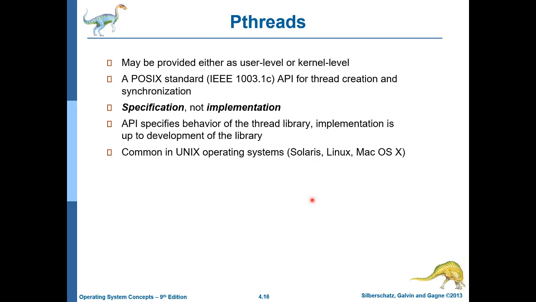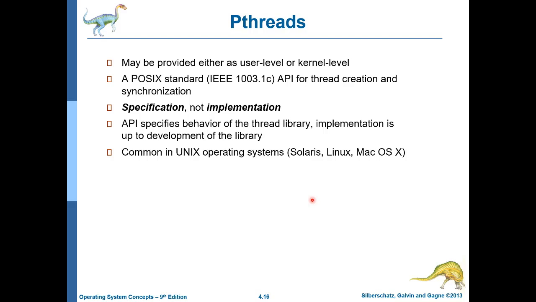It is accepted by many people, organizations and operating systems, so it's quite popular, and the interface is very good and supports much functionality to complete all the things related to threads, whether creation, deletion, synchronization, message passing, etc. Pthreads is common in Unix based operating systems, which includes Solaris, Linux and Mac OS. Okay, so that's a brief introduction of Pthreads.